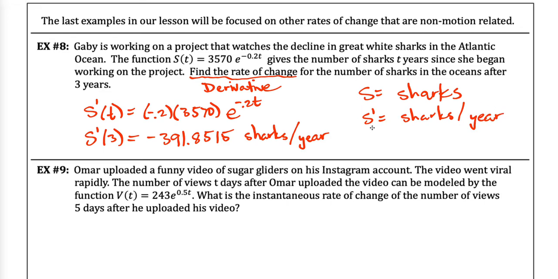If we did second derivative, what would the second derivative be? Sharks per year, which is kind of like acceleration, but we don't want to talk about that. So it'd be per year squared. Whenever you're doing the derivative, it goes by whatever your variable is, whatever you're taking the derivative with respect to.